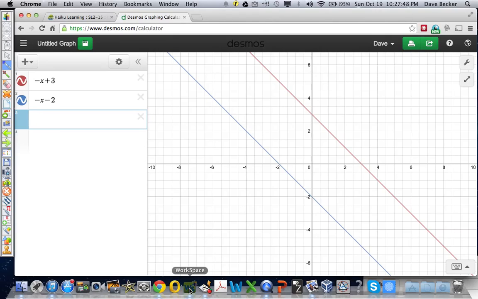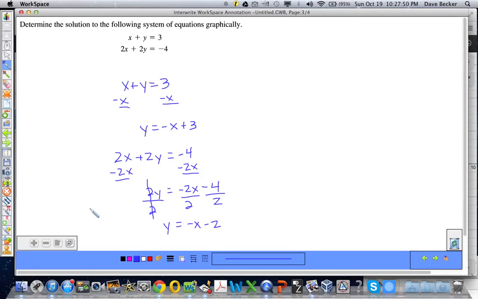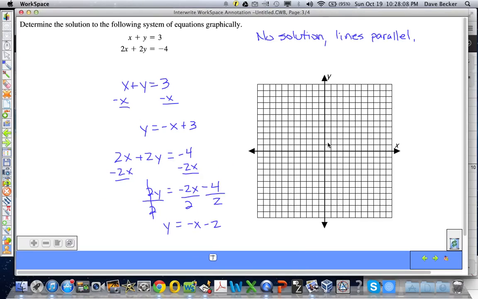So we'll go back and we will say that there is no solution, comma, lines parallel. Something like that. Okay. And then just a quick sketch. Let me get my stamp. And let's see.